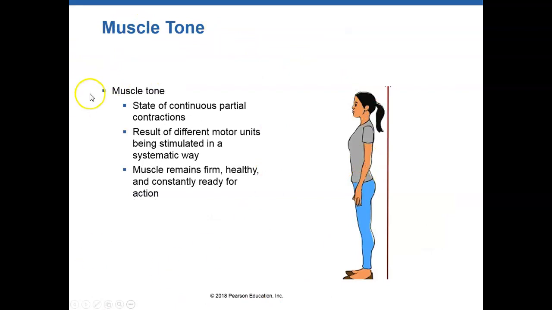The last thing in this video I'm going to talk about is muscle tone. So when people think of muscle tone, they think of, oh, being toned, having nice looking muscles, but that's not what I'm talking about when I say muscle tone. I'm talking about muscles being in a continuous contraction state. So we have large groups of muscles that have to continuously contract.